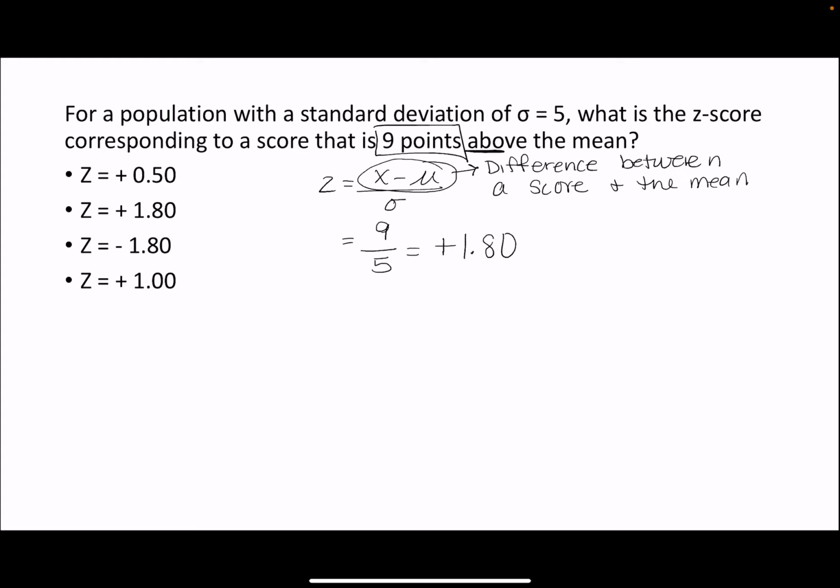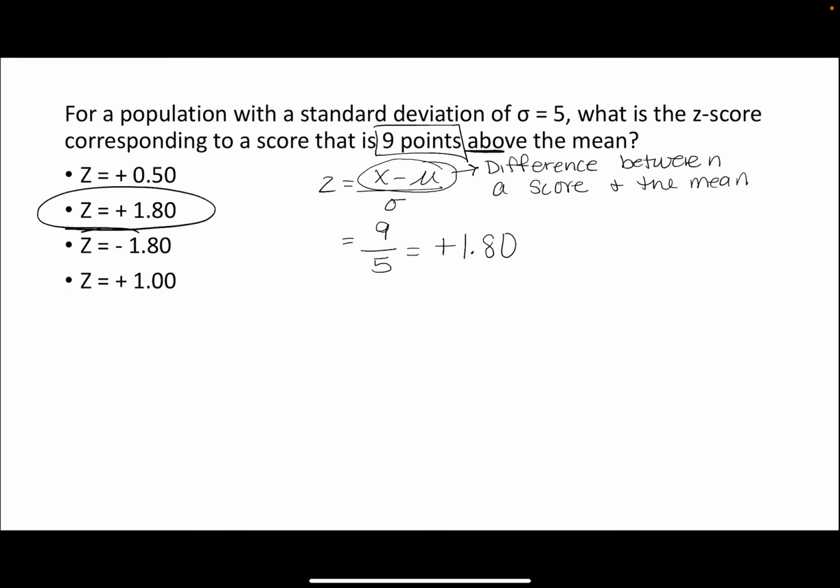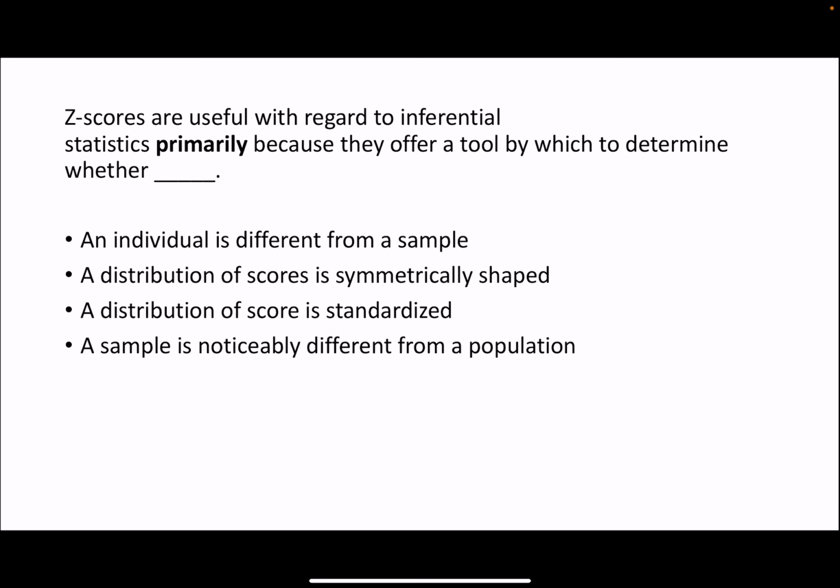So anytime it talks about a score being above or below the mean by a certain amount, then that's just the top of your z-score. Basically, it's telling you the top number of that z-score, so you're not having to do the subtraction to figure that out. So in this case, the second one is going to be our answer for this particular problem.